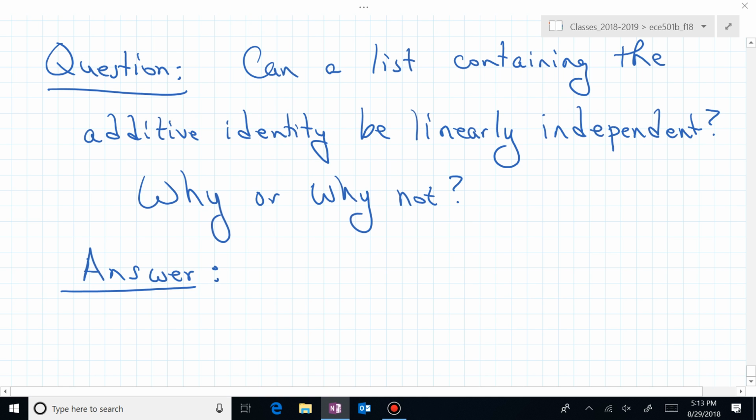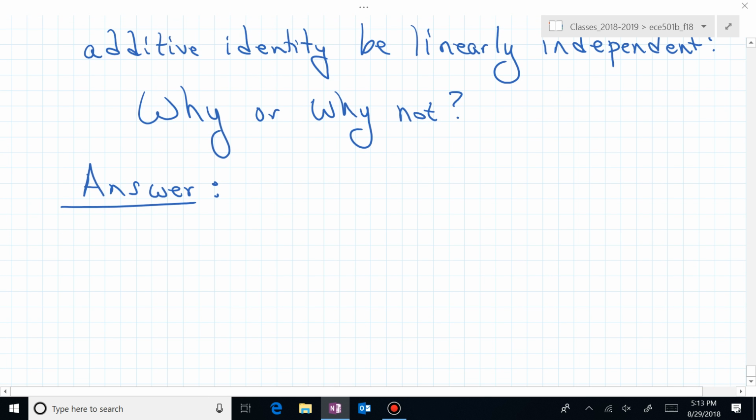So how would we justify this? What does it mean for a list to be linearly independent? Can we just linearly combine those vectors and say something about their coefficients? What if I gave you a list where A1V1 plus A2V2 plus ... plus A sub n times 0 equals 0.